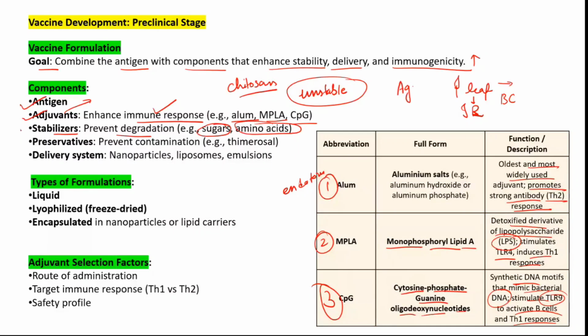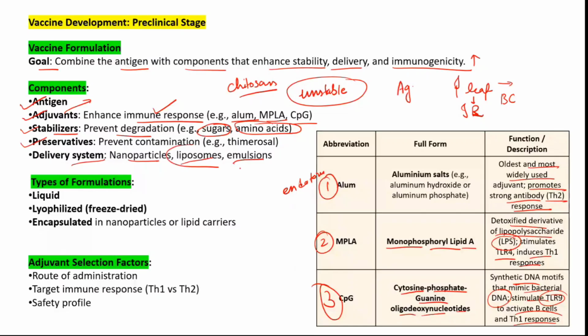Preservatives we add because we have to increase the shelf life of the vaccine. It should be stable enough for months to years. And for the delivery system we use nanoparticle delivery, liposomes, emulsions.